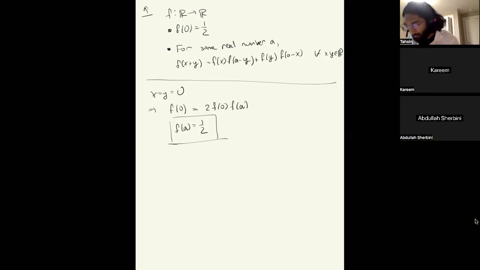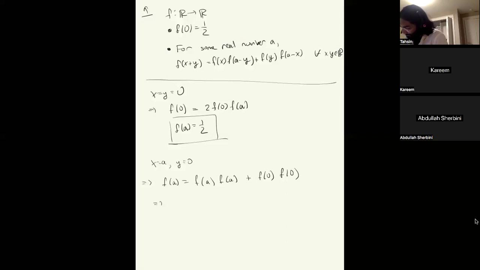Maybe x equals a and y equals 0. Okay, so from x equals a, y equals 0, then we will have f of a equals f of a, f of a plus f of 0, f of 0.